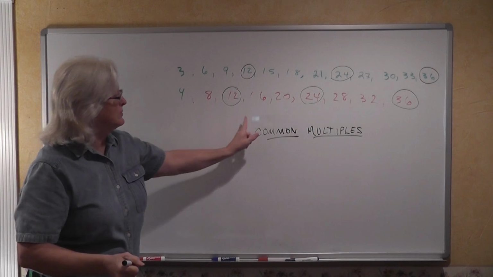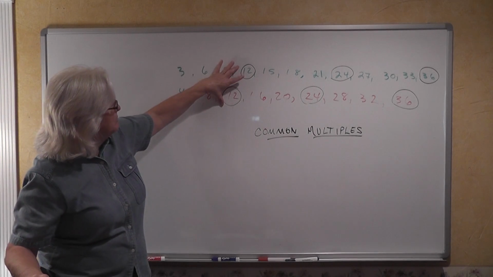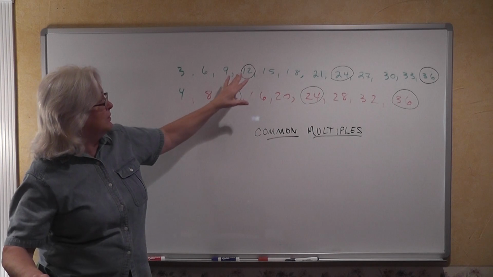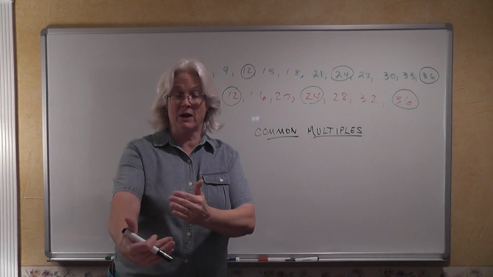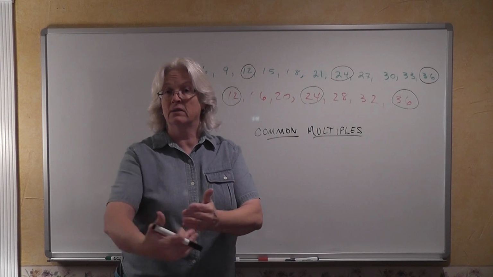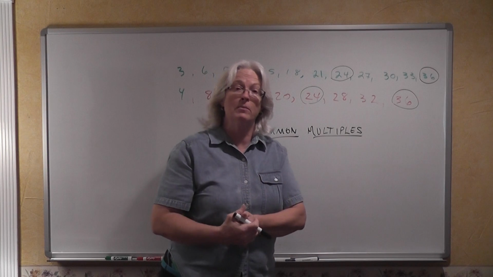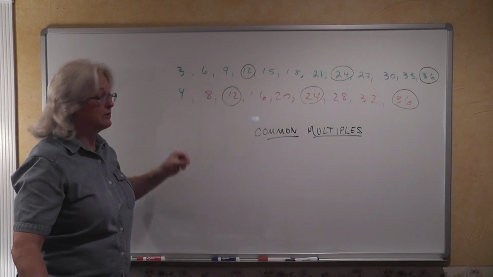These are multiples, and they're common because they're found in both places. So you can look at this pattern, you see we have 12, 24, 36. The next multiple that they're going to have in common is 48, then you're at 12 again, and it's going to be 60. So there's a pattern of common multiples between the two original numbers, 3 and 4.